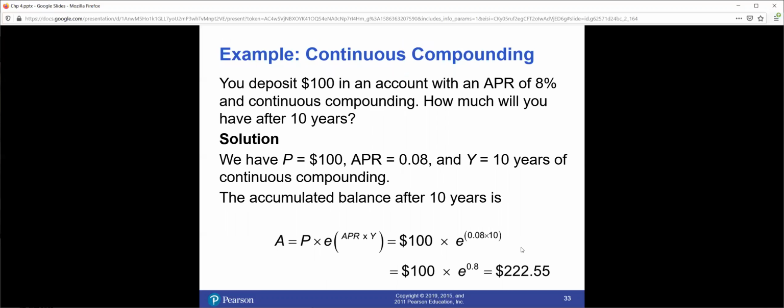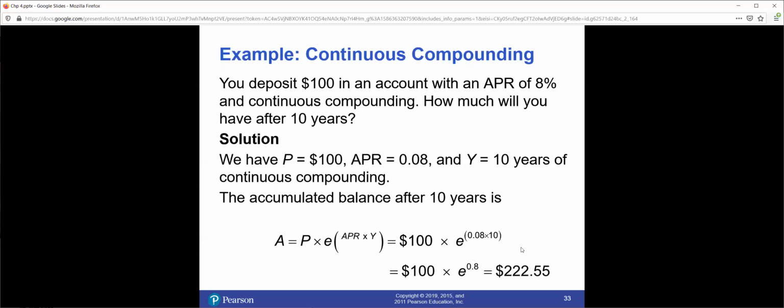Let's do an example of continuously compounding interest. You deposit $100 into an account with an APR of 8%, and you continuously compound it. How much do you have in that account after 10 years? Well, plug the numbers in, right? You have P of 100, APR is 0.08, Y is 10.